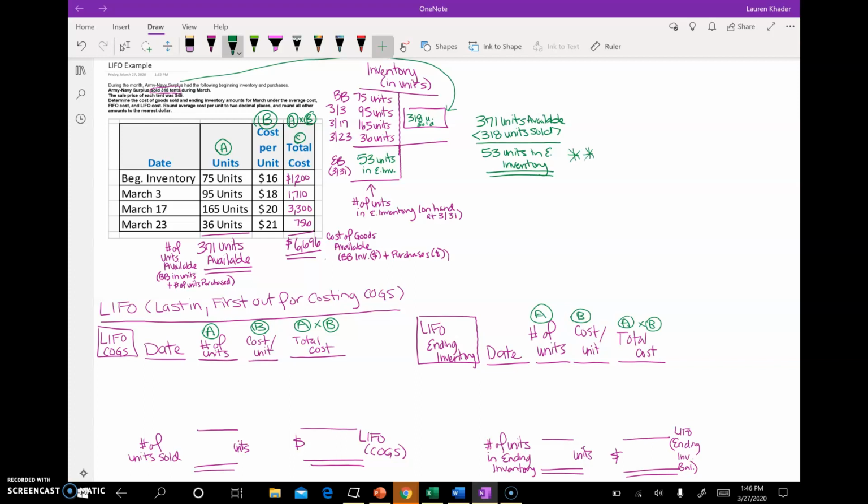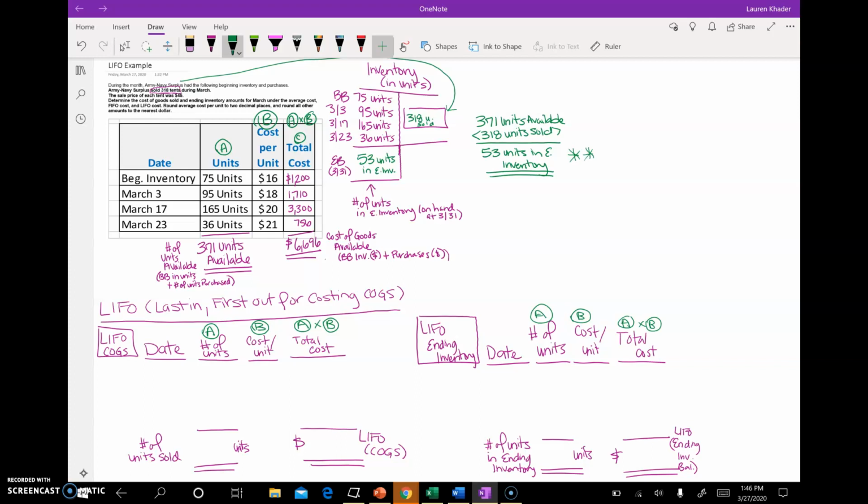LIFO stands for last in, first out for how we account for cost of goods sold. So under LIFO, we're determining that we're going to expense the newest items, the newest purchases first, and then work our way backwards until we reach the number of units sold.